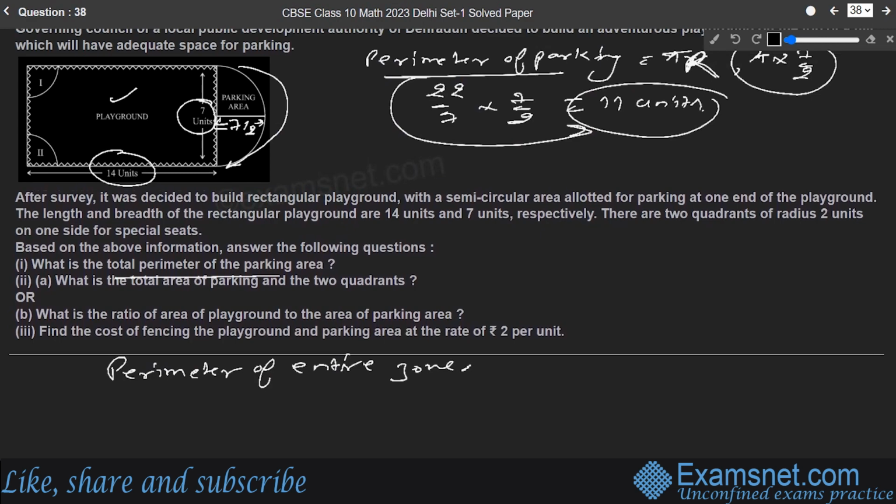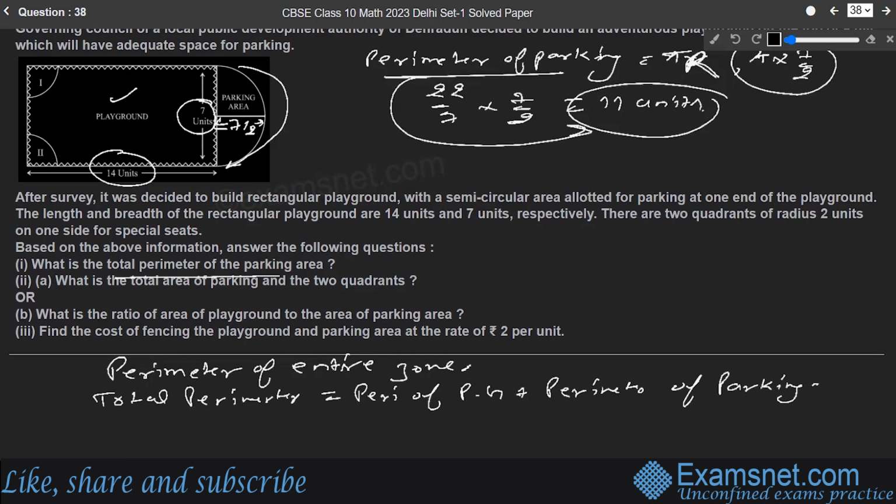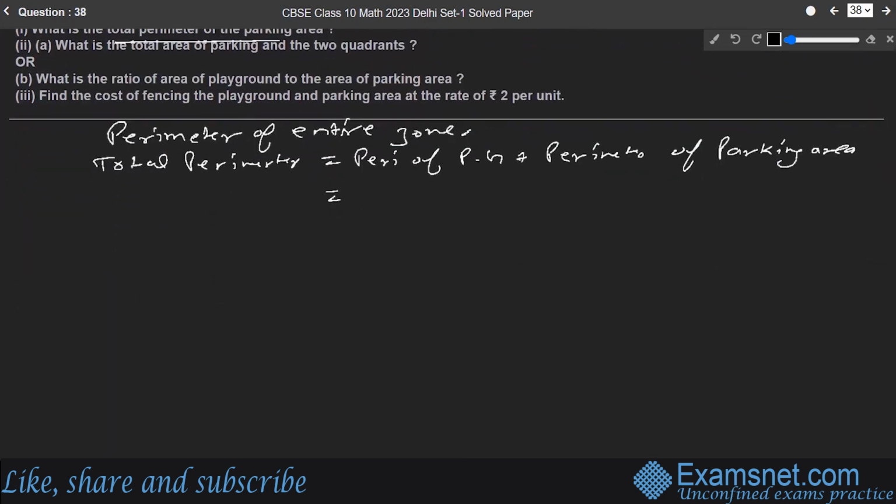The total perimeter of the parking area is equal to the perimeter of the semicircle. So the perimeter of the entire region is nothing but the perimeter of the playground plus the perimeter of the parking area, which we have already calculated. The perimeter of the playground is the perimeter of a rectangle, twice of length plus breadth, and the perimeter of the parking area can be calculated by half of the perimeter of the circle.